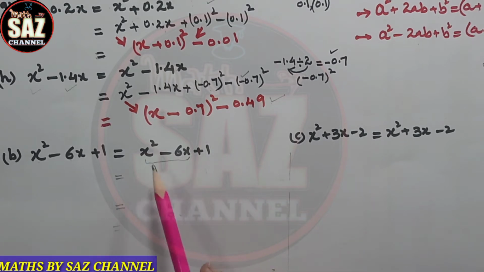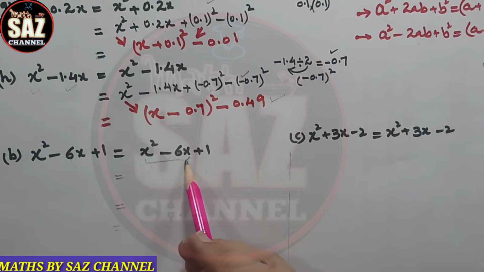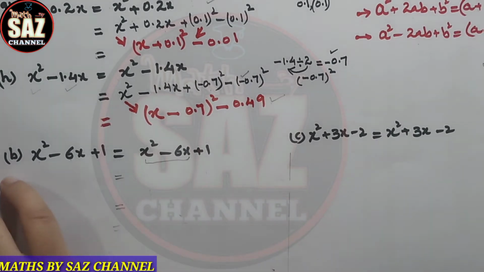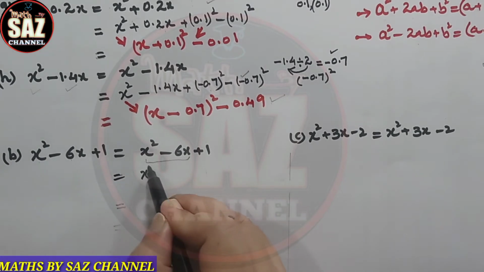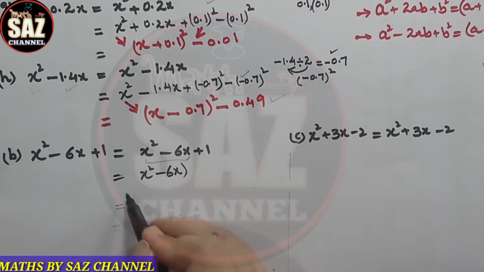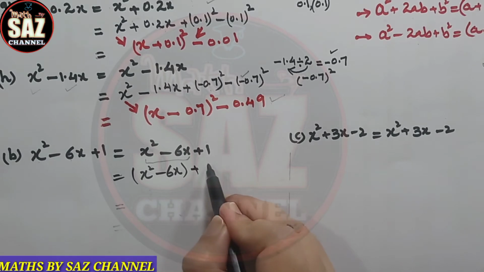So what I have to do is keep these two terms and express this part in the complete square form. So I will write x square minus 6x in one bracket and plus 1, separating this constant.